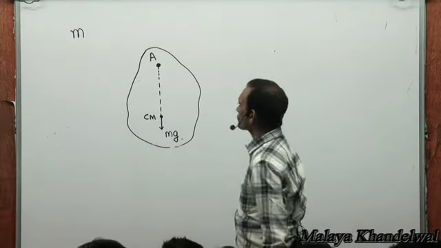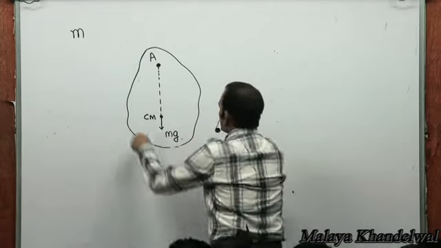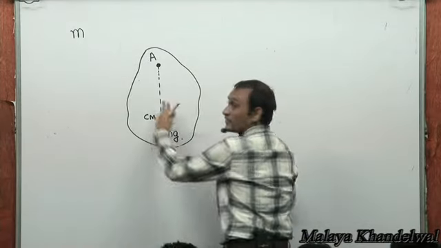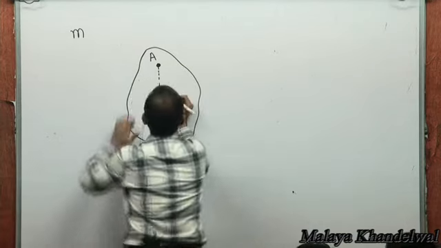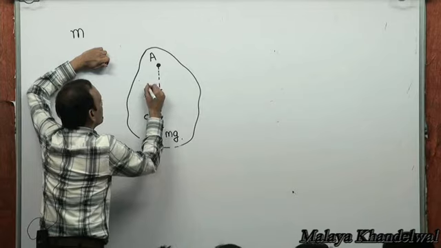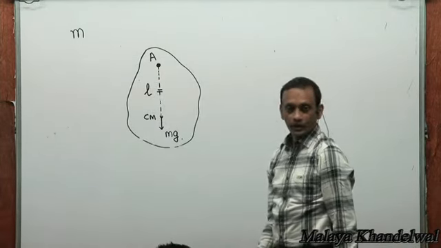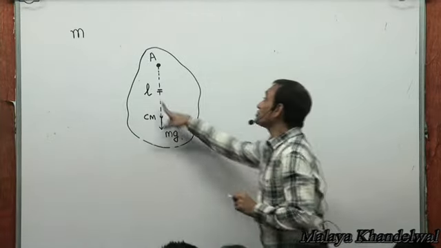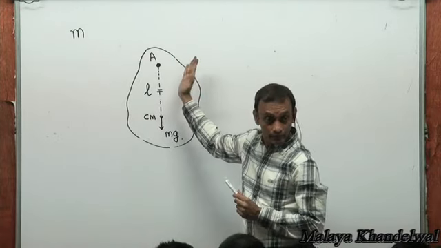Now, I swivel this in the anti-clockwise sense, say. So it will swivel about A. Once I swivel it about A, say the distance between the center of mass and A is L. L is the distance between the center of mass and A. Now when I swivel it, the center of mass will move in a circle of radius L centered at A. Right?